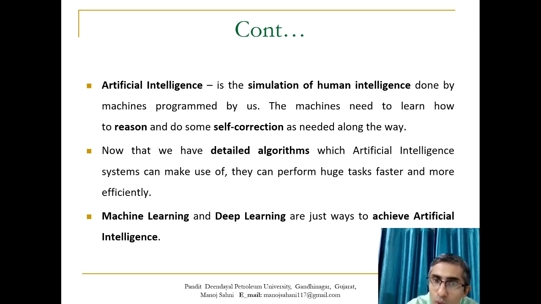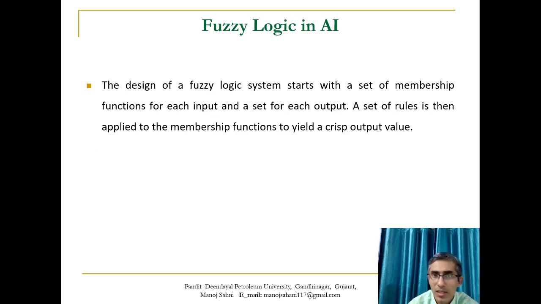It is programmed by the user, that is, by all of us. The machines need to learn how to reason and to do self-correction as needed along the way. There are many algorithms available to program the machines to work according to human thinking. That is called artificial intelligence.